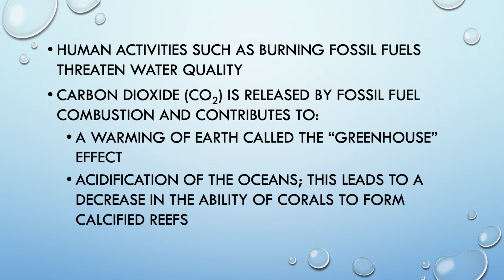Carbon dioxide is released by fossil fuels through a combustion reaction. This is going to contribute to the greenhouse effect, which is the warming of the earth. It also causes acidification of the oceans, in other words, adding more acid to the oceans, which is going to affect the coral reefs, causing the coral reefs to become calcified.